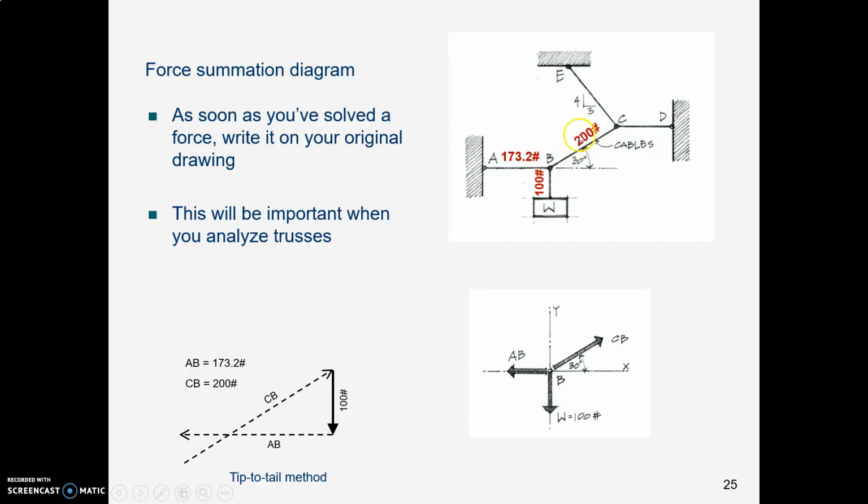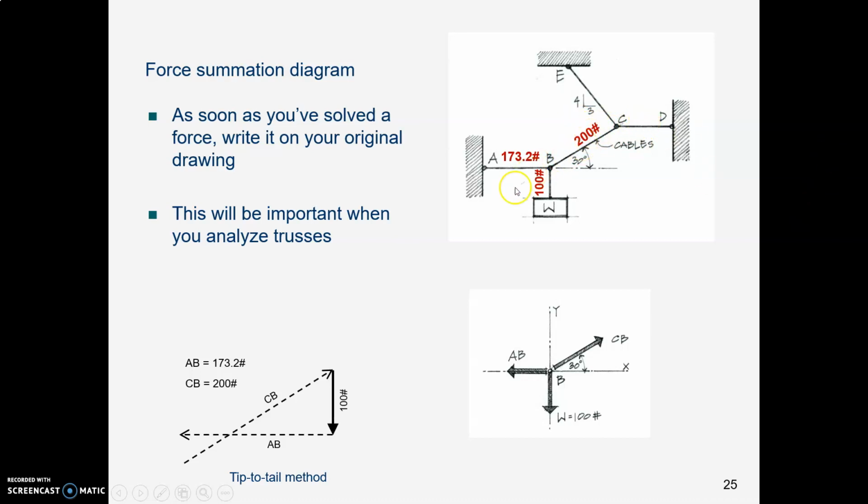This will become important when we are analyzing trusses in another week or two, because a truss is similar to this in that it has sloping bars, but there might be more bars than you see here. And if you make a force summation diagram as you go along, it is easier to keep track of which ones have you solved already and which ones do you still need to find.